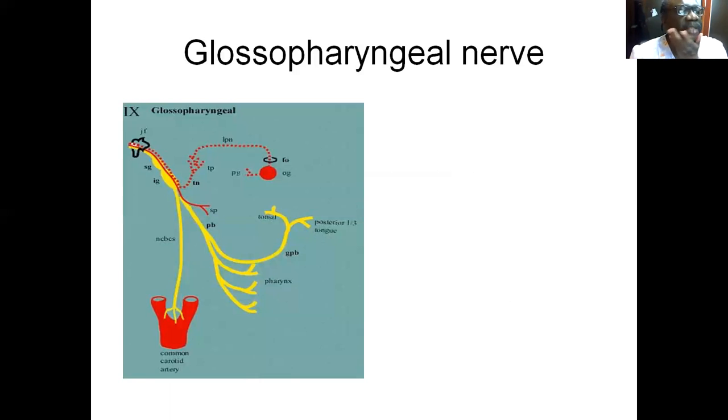And here you can see the diverse distribution of the glossopharyngeal nerve with the superior and inferior ganglion and its distribution to the common carotid artery, the tonsil, the posterior one-third of the tongue, and the pharynx.